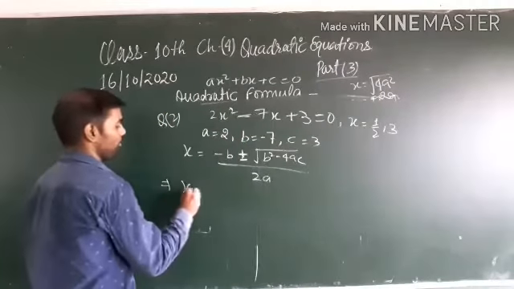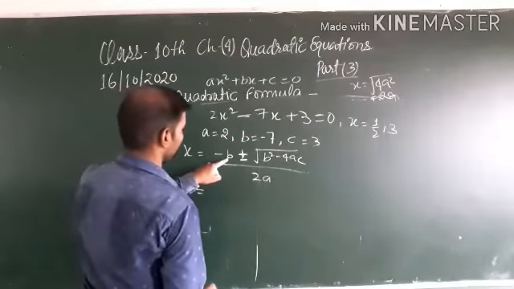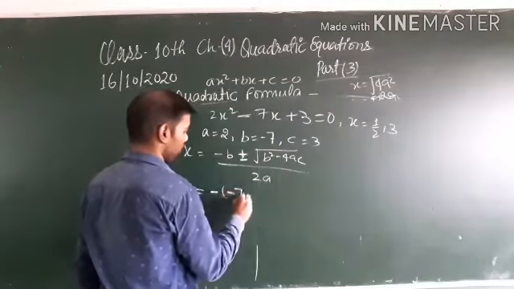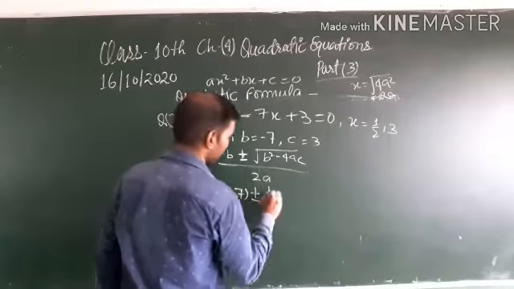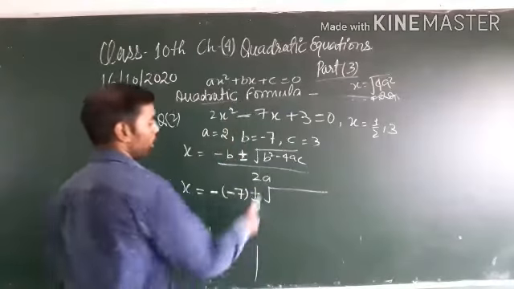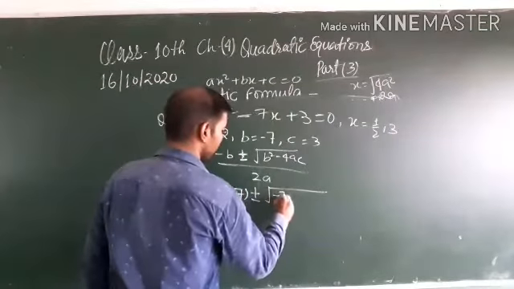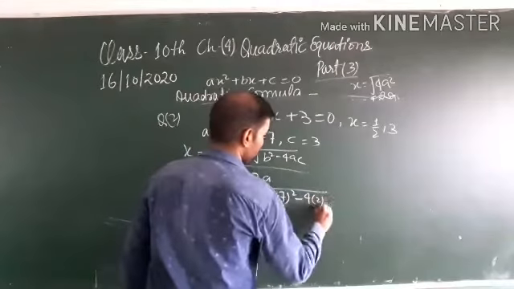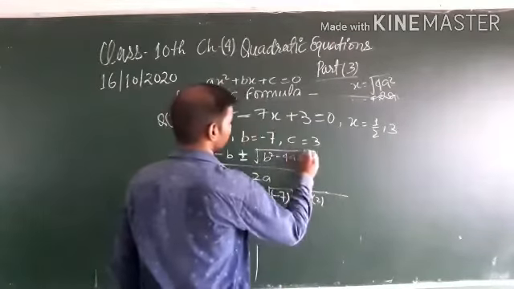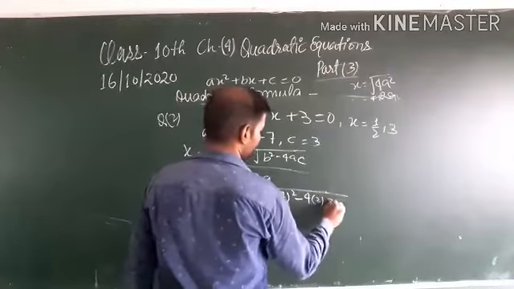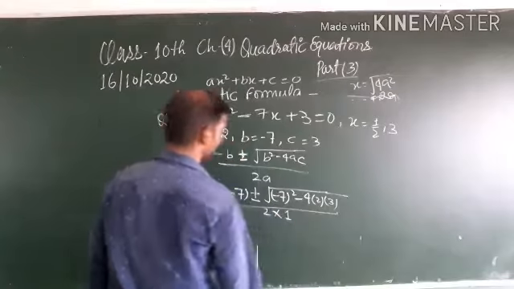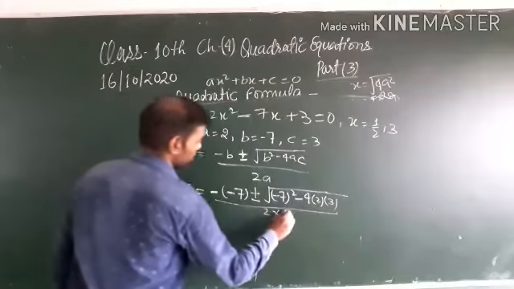So the value of x is equal to, we put the value minus b, it means minus, and the value of b is already minus, so this is minus minus 7 plus minus square root of b square. B square is minus 7 square, minus 4 into a, which is 2, and c, which is 3, upon 2a, which is 2 into the value of a, 2.